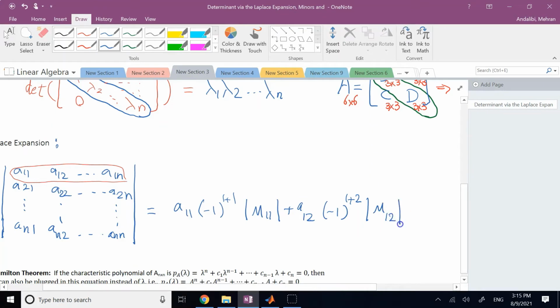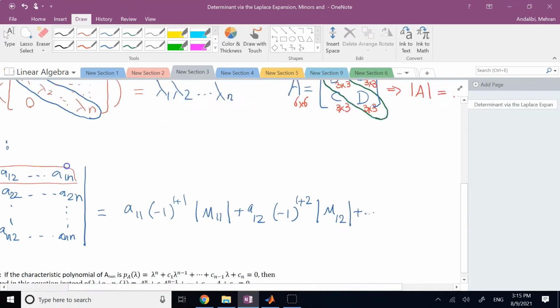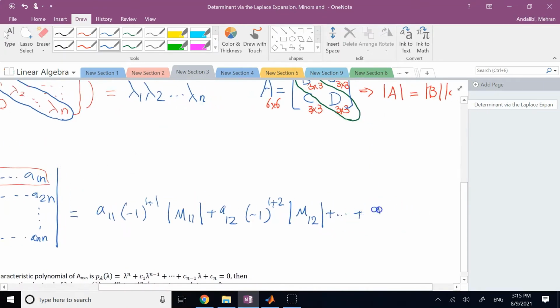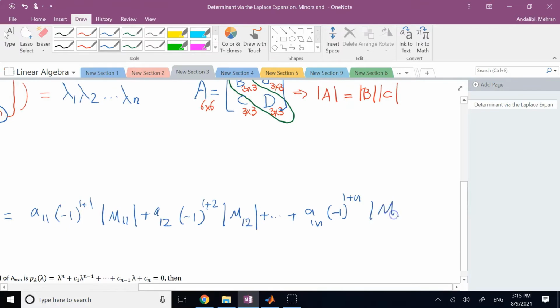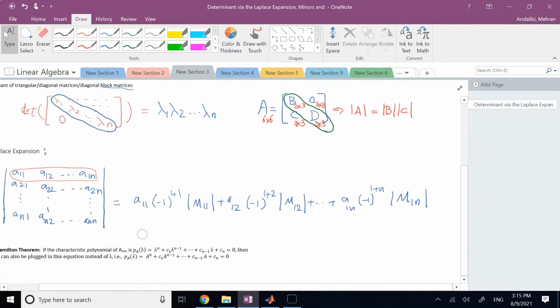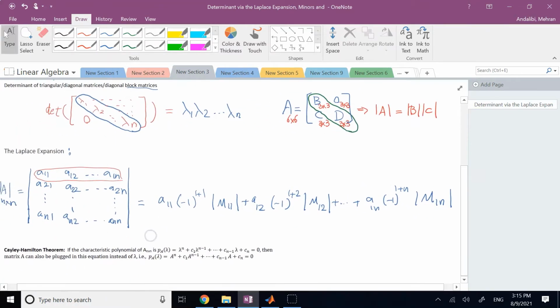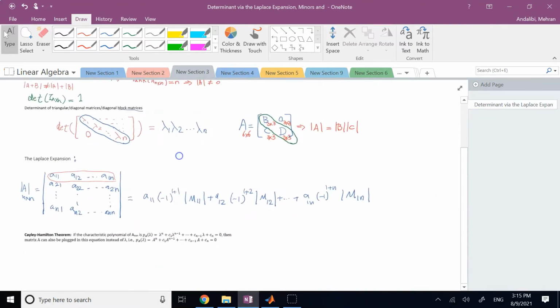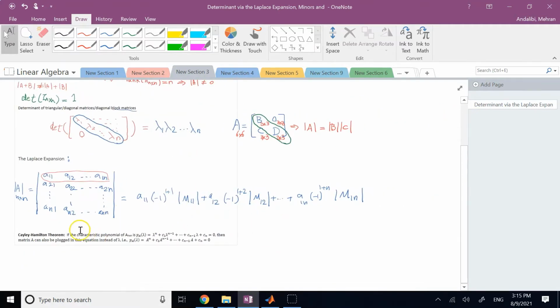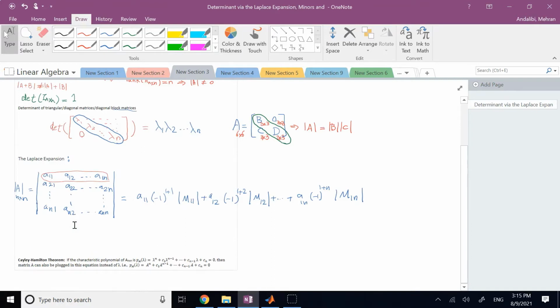We call it minor M12, and keep going all the way to A1n times -1 to the 1 plus n, the determinant of a matrix where the first row and the nth column are eliminated. Okay, so this is called expansion with respect to the first row, right? And what does it mean? So let me first write it for you.